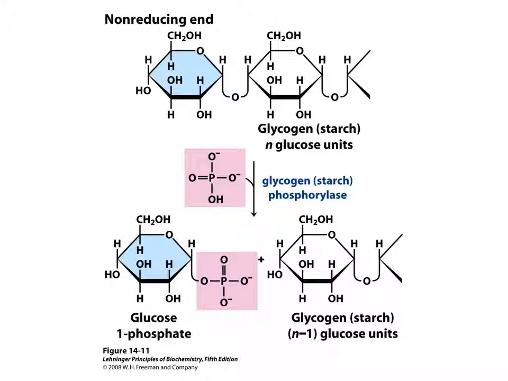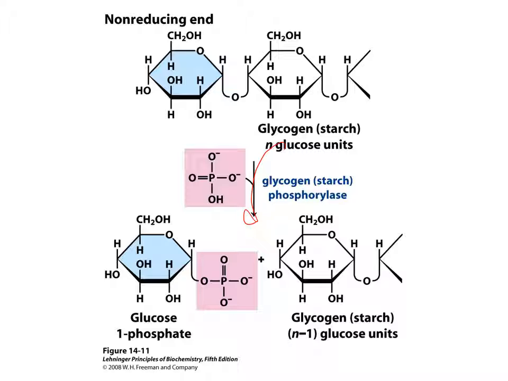Here we have seen this already, so we will go over it briefly. Glycogen or starch. We have a terminal glucose to which a phosphate can be added, that is, it is phosphorylated.